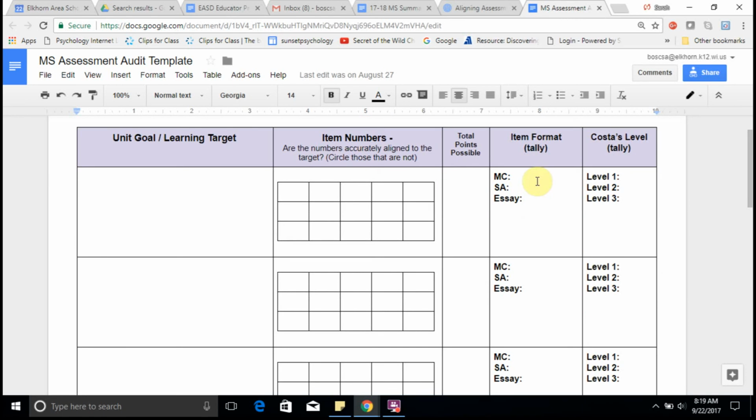Then you take a look at your items. How many multiple choice questions did you have that went with this learning target? How many short answer? How many essay? Maybe you had true false. You could add that in here if you wanted to, because you can make a copy of this. And then you take a look at the levels of your questions. Were they all level 1 questions? Were they all level 2? Were they all level 3? And so on and so forth.